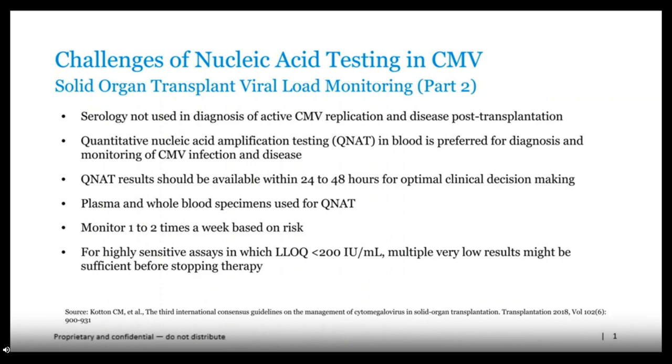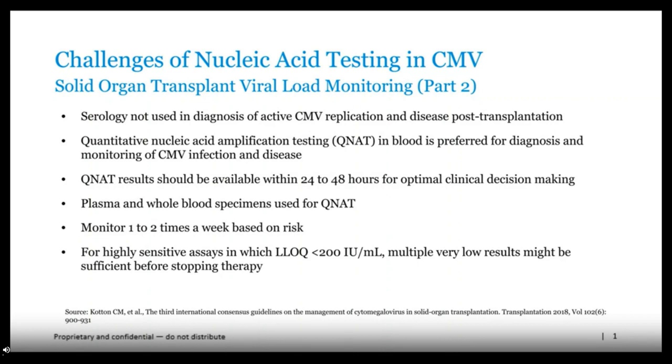Continuing on with the challenges of nucleic acid testing in CMV, we all know that serology is not used in diagnosis of active CMV replication and disease post-transplantation. Quantitative nucleic acid amplification testing in blood is preferred for diagnosis and monitoring of CMV infection and disease.